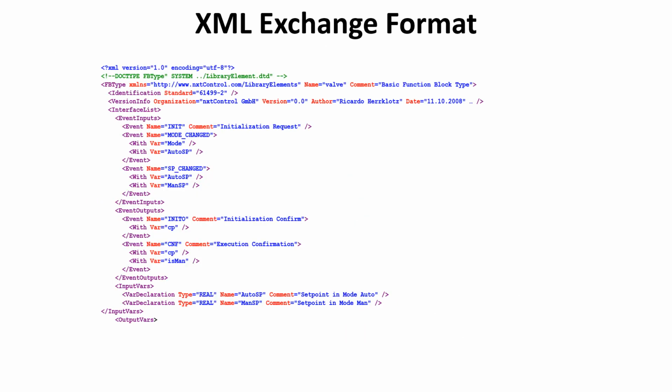So the XML exchange format looks like shown here. XML is a markup language that is used very widely in different software applications, and it's a self-explanatory form of presenting programs and any kinds of data.